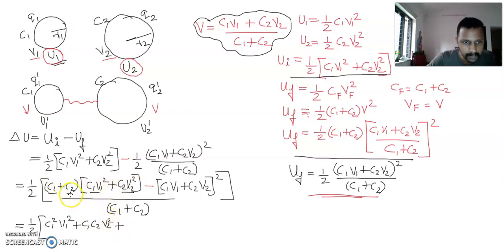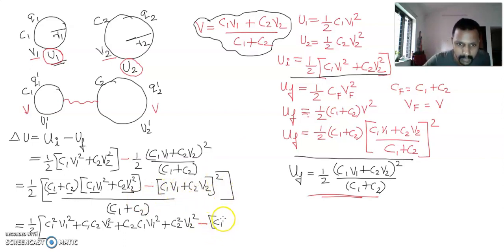It will be C2 into C1 V1 square, that is C1 C2 V1 square, plus C2 into C2 V2 square, that is C2 square V2 square. Now we have multiplied this. Then our negative sign over here, we are writing that negative sign over there. Then we have to expand this bracket, which is expanded in the form of (a plus b) the whole square.